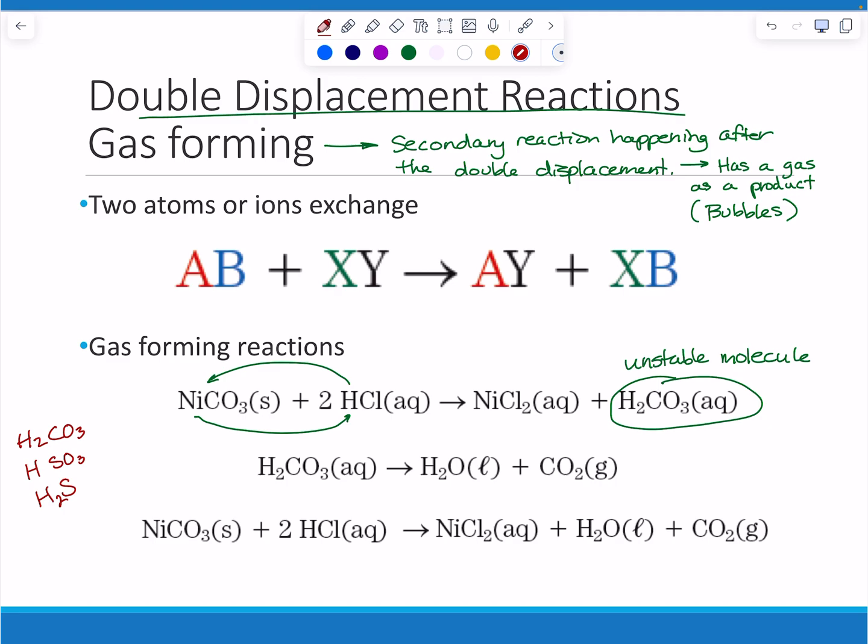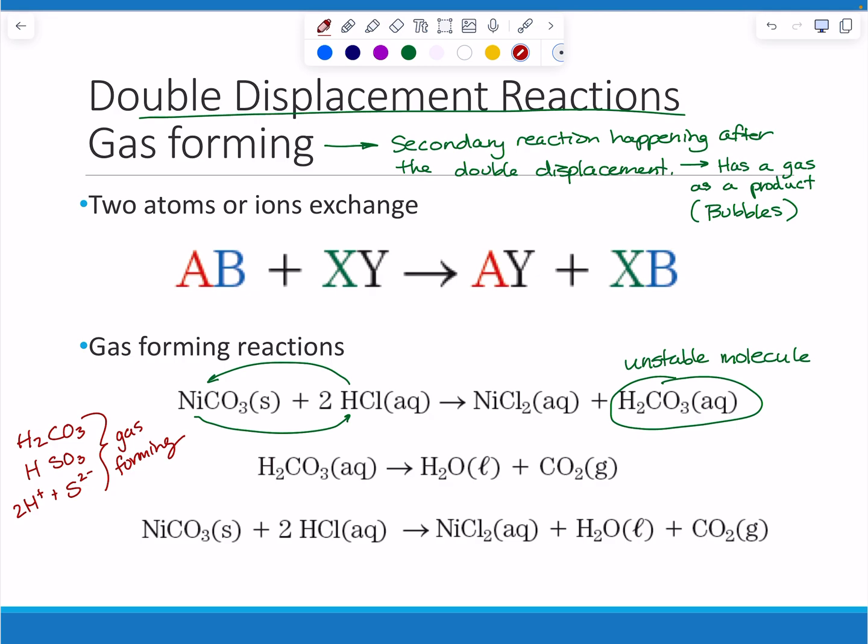So these are all going to decompose, well, this is the product of that. So those are the only 3 you have to worry about in terms of gas-forming reactions.